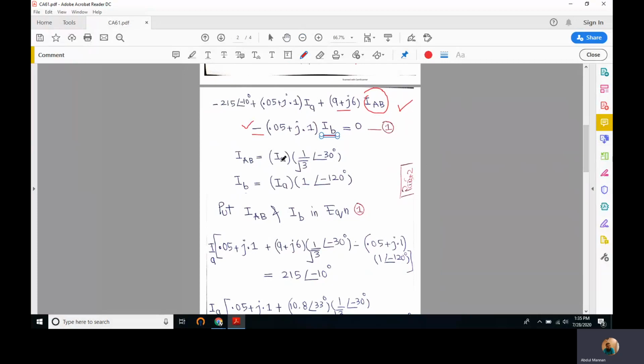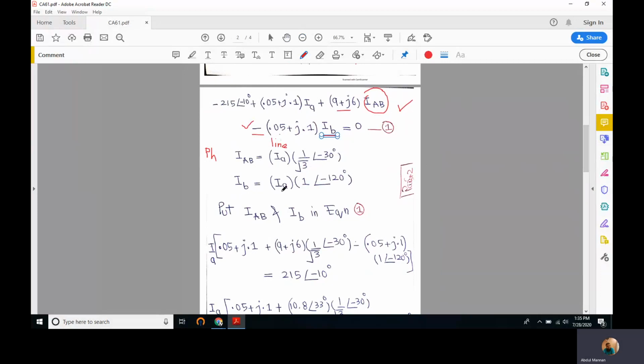IAB is actually IA multiplied by a complex number, which is 1 over square root of 3 at an angle of -30. This is the phase current and IA is the line current. To make it the phase current, we divide the line current by square root of 3 and lag it by 30 degrees, -30.